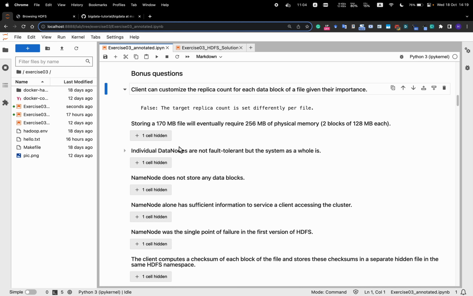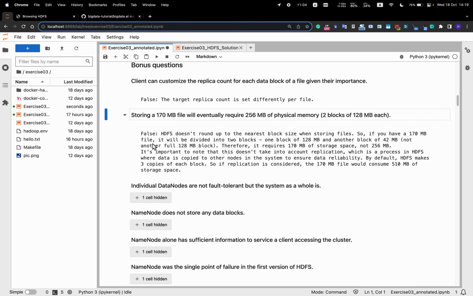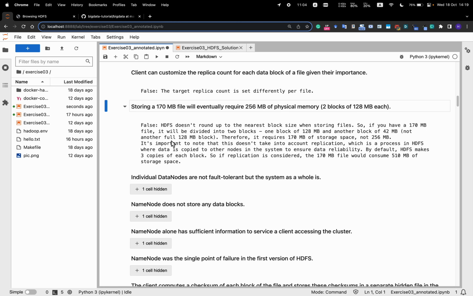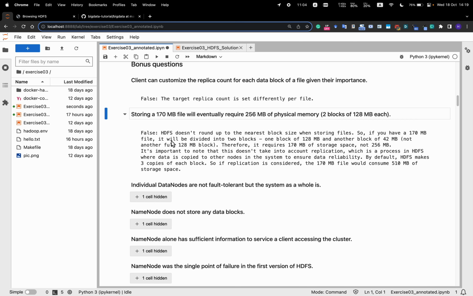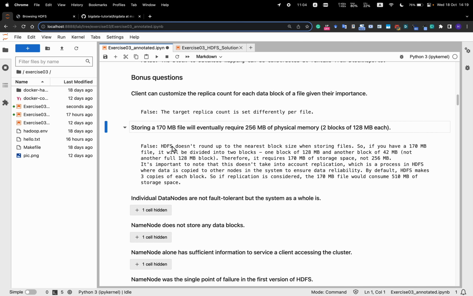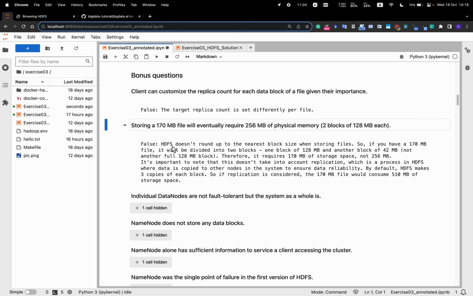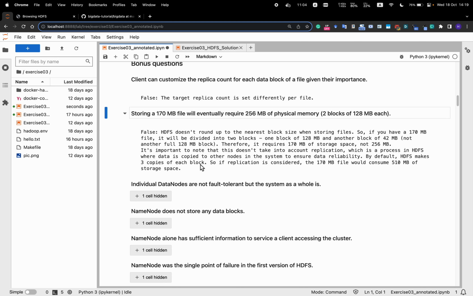Exactly, that's true. So always remember that HDFS is parsimonious about the space it has. If it only requires, say, half of a block, it only uses half of the space instead of the full block.